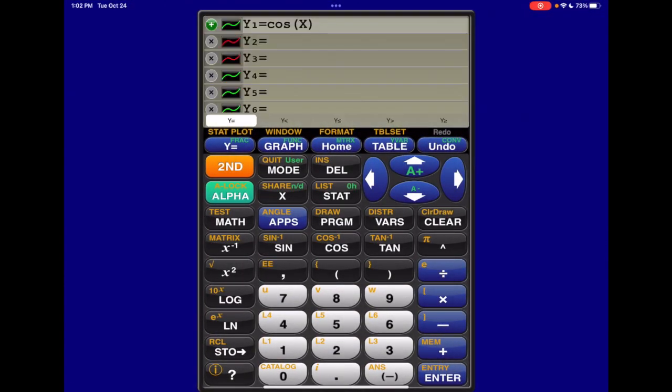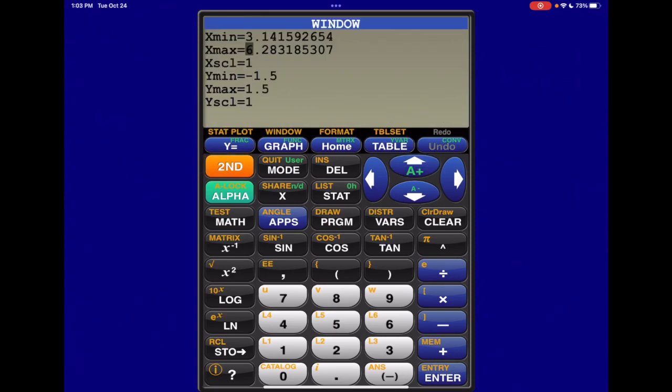I'll clear out this old function and enter in the new one. So we have t squared, so I'll enter x squared minus 3x minus 18. And let's set our window, because we know that we're only going from 0 to 9. Not sure what the positions are going to look like, so I'll just do negative 10 to 10 at first, and then we can adjust that if we don't like it.